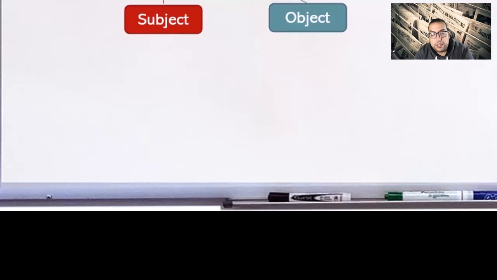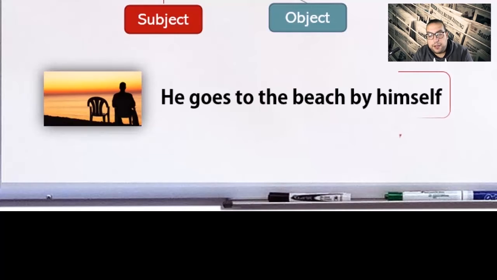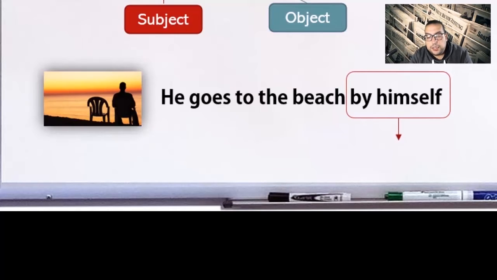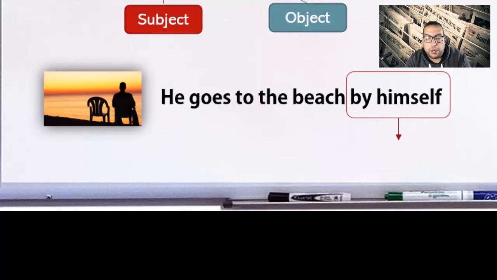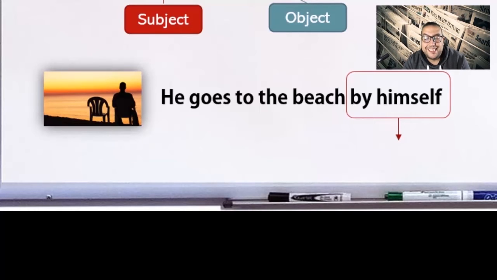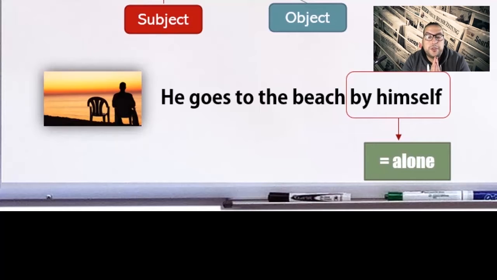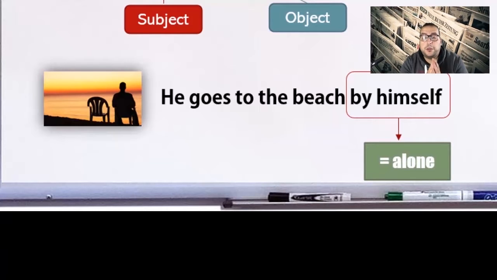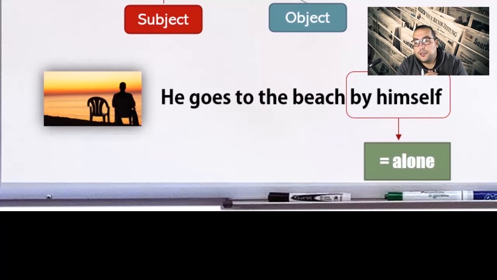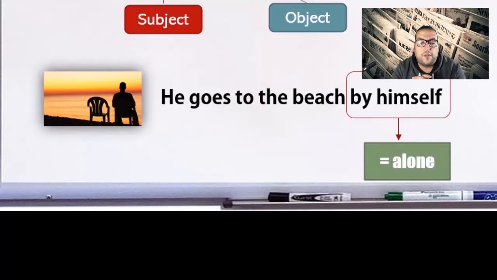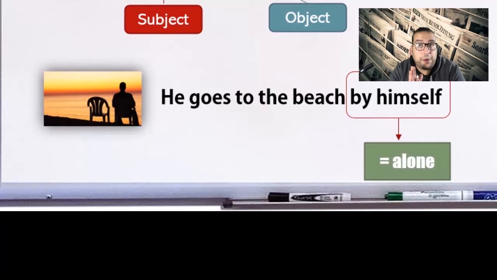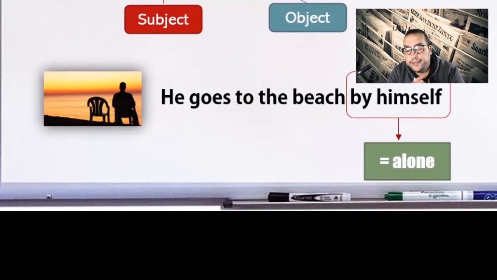Now, here we have the reflexive pronoun himself. It is preceded by the preposition by, which means alone. So when you do something without the help of other people, without the existence of other people with you, which means you are alone, you use a reflexive pronoun, but you should put by before it.